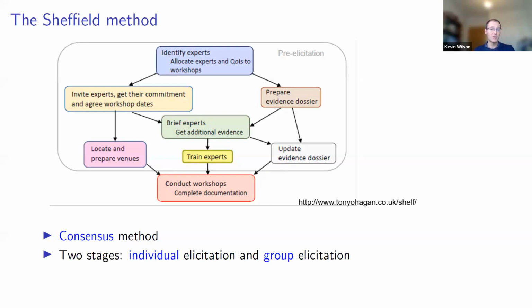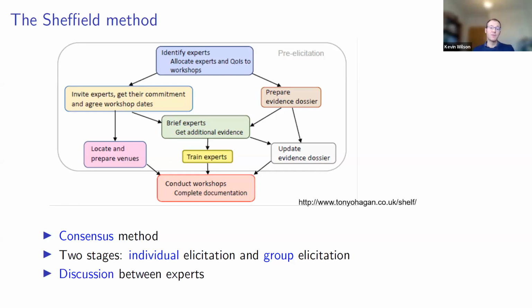Essentially, there are two stages when you use the Sheffield method. Before the experts interact with one another, you do an individual elicitation, so the usual sorts of things, quantiles of their uncertainty distributions. There's then a group elicitation, which is eliciting, again, maybe quantiles or probabilities or something in order to get a consensus distribution.